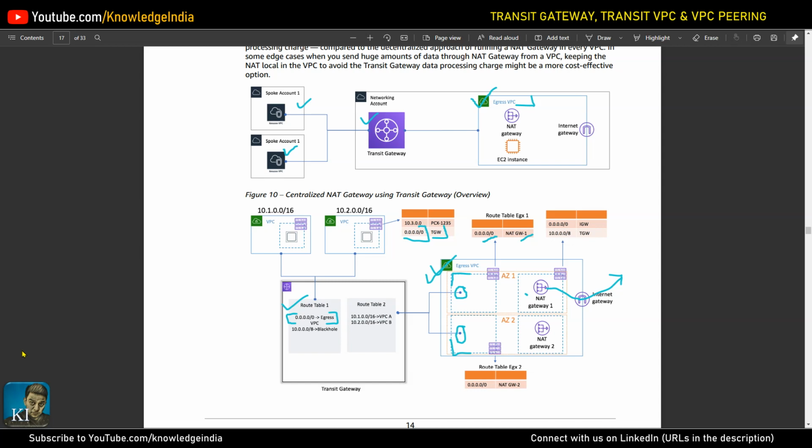Now the same pattern can be used to kind of bring all the traffic to a central VPC and then filter it as well, right? That also can be done, because all the traffic from your different VPCs are coming to one central VPC. So if you want to apply some filter here, that also you can do. We will try to show you that thing with a demo as well in one of the upcoming videos.